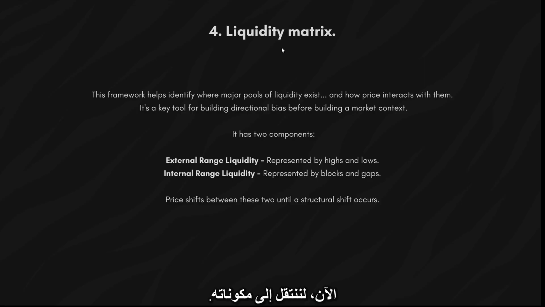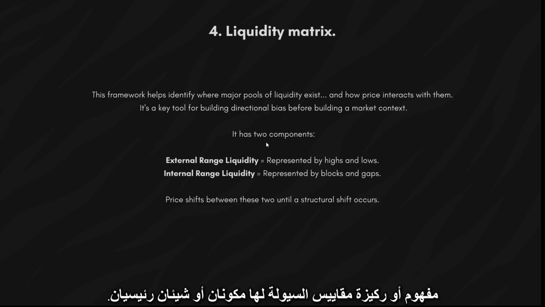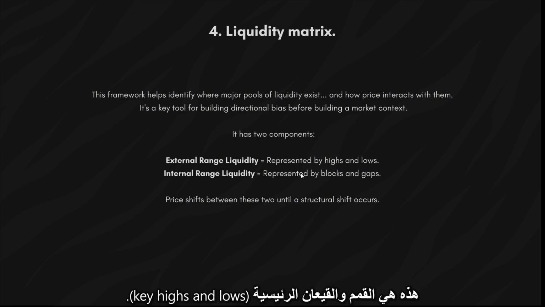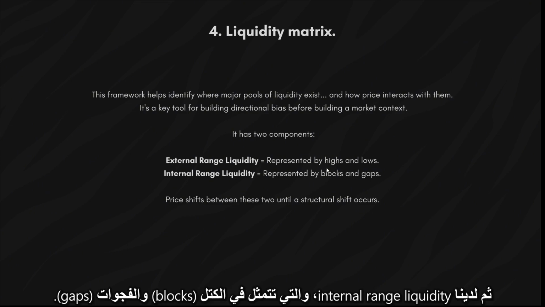Now let's move on to its components. The liquidity metrics concept, or pillar, has two key components. First, we have external range liquidity, which is represented by key highs and lows.